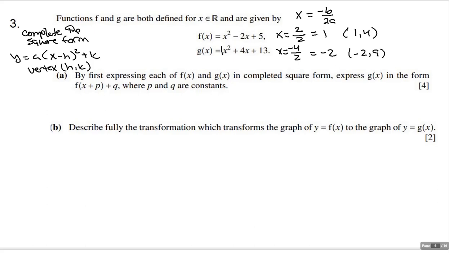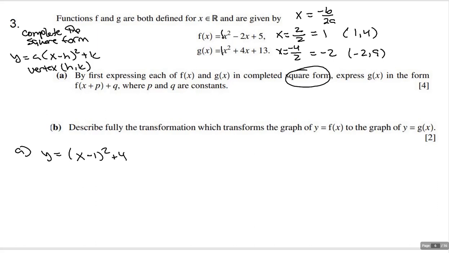Now, if we're going to write these in vertex form, which is what they want us to do first, then vertex form is going to be a, which in both cases my a's are a 1. So I'll tell you what, we're going to go down here. So y equals, a is a 1, so then it's going to be x minus the x part of my vertex, so it's going to be 1 squared, and then plus 4.